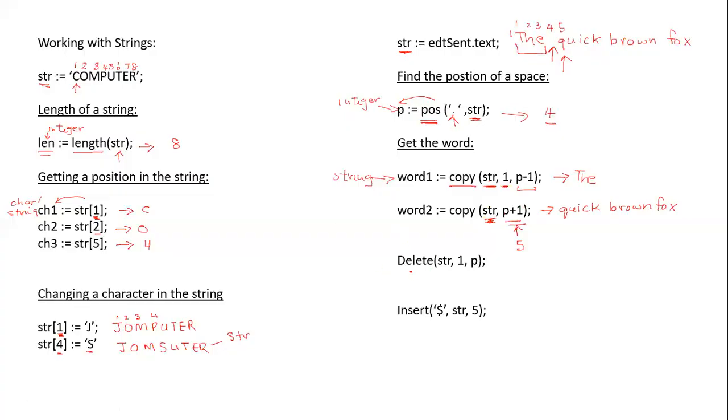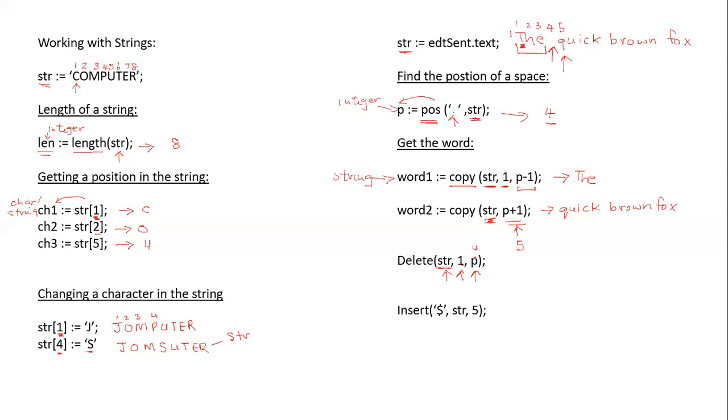Then we have a delete. Delete has 3 parameters, similar to the copy. So delete, the variable we're deleting from, the starting position where we're going to delete, and the number of characters we are deleting from the starting position. So in str, which again is the quick brown fox, I am starting to delete from position 1, which is the T in the, and p is the position, which is 4.